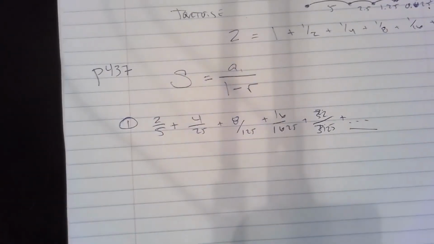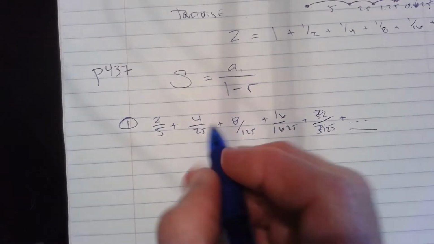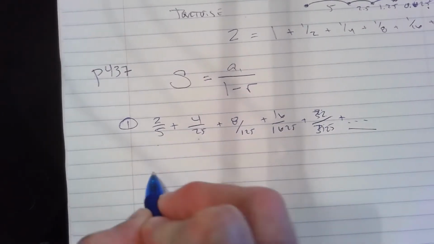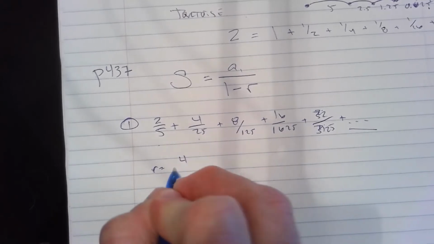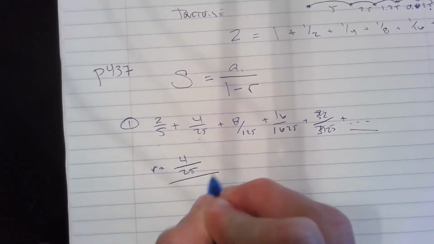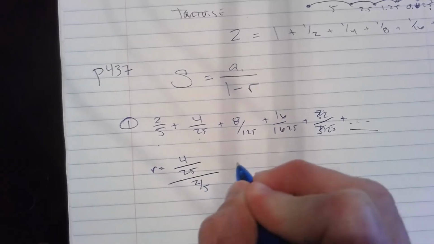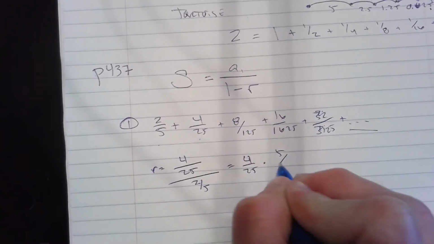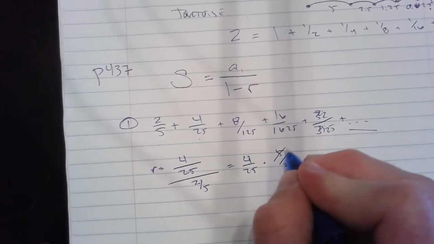Alright, so first, let's find the common ratio. We're going to do the second term divided by the first term. So we're really doing 4 over 25 divided by 2 over 5, which means that we're going to multiply by the reciprocal, and we'll simplify.